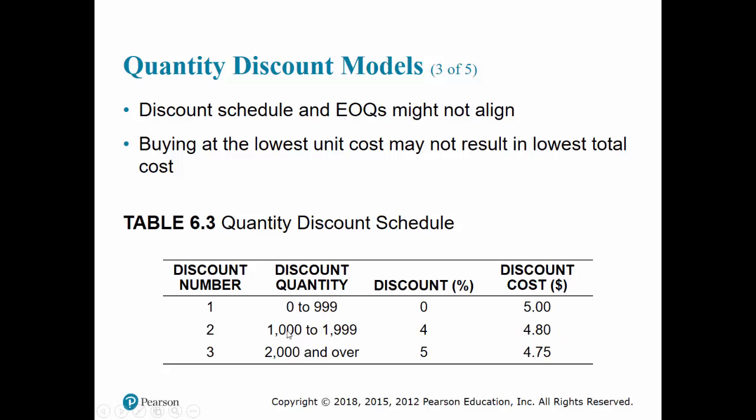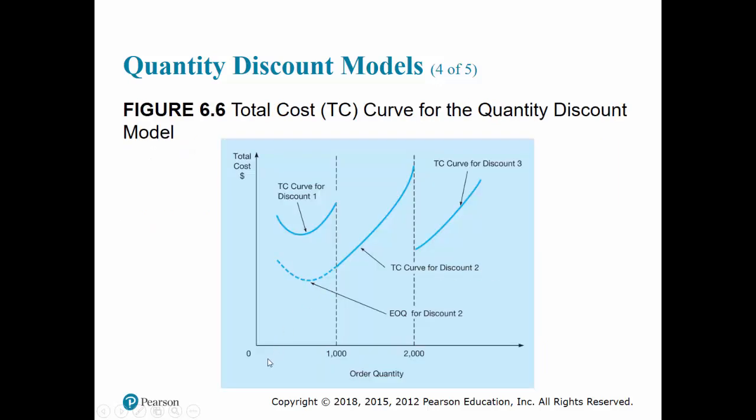But if you order 1000 and up to 1999, you get a 4% discount, so your cost is going to be $4.80. 2000 and over, you get 5% discount, so your cost is $4.75.